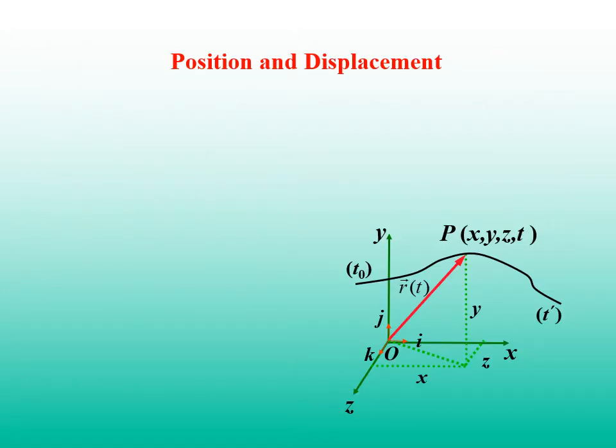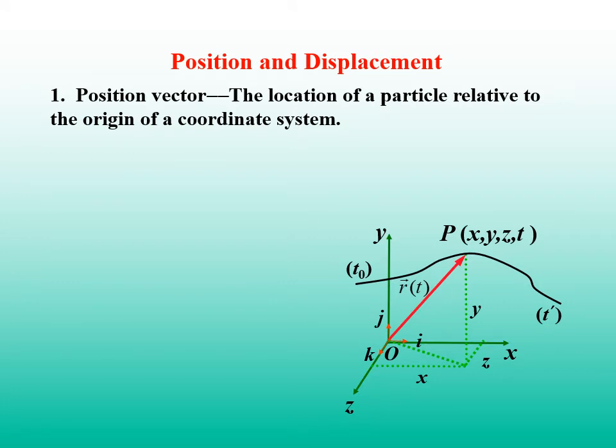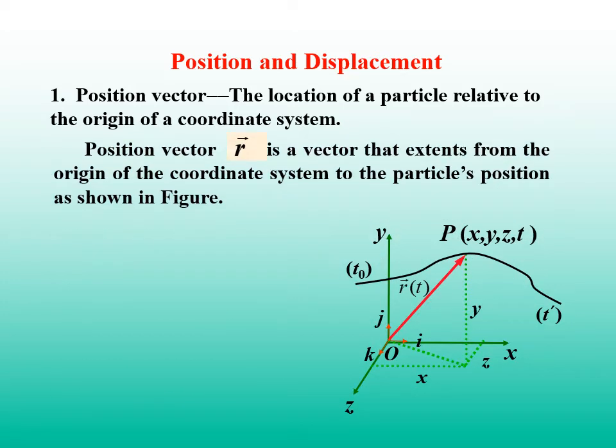Position and displacement. We use the position vector to indicate the location of a particle relative to the origin of a coordinate system. The position vector is a vector that extends from the origin of the coordinate system to the particle's position.